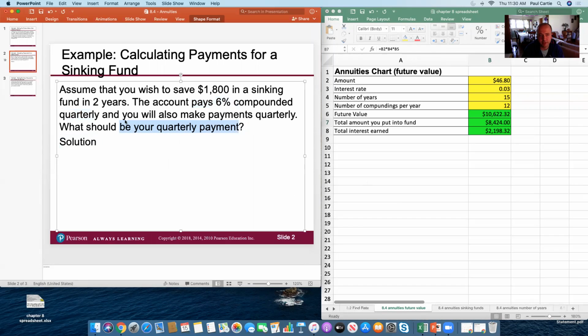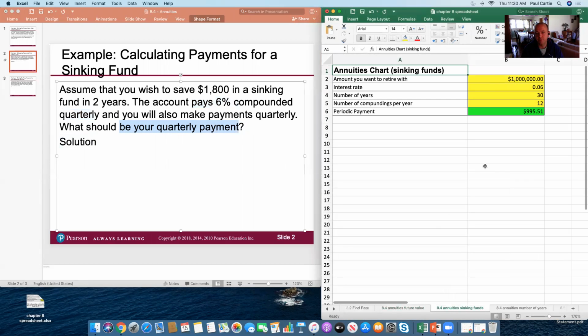Because it says sinking fund, I'm going to go to the sinking funds tab on my spreadsheet. This is some other problem somebody else was working on, but I want to retire with, I'm not retiring in the example, but we're still going to use that language here, $1,800. And the 6% is the same, so I don't need to change that, but if I did, I would just type in 0.06.